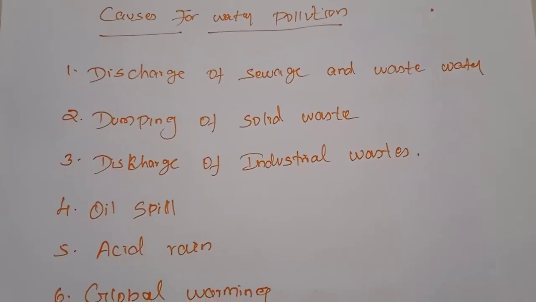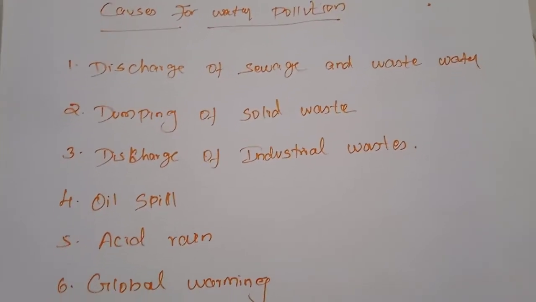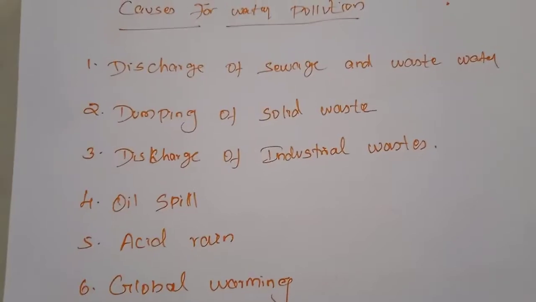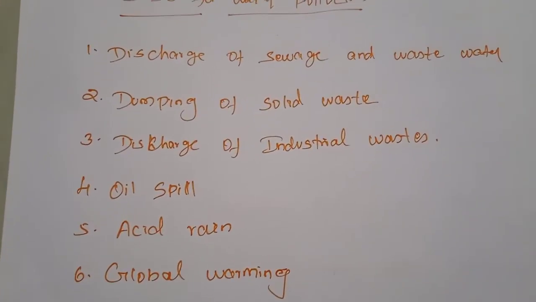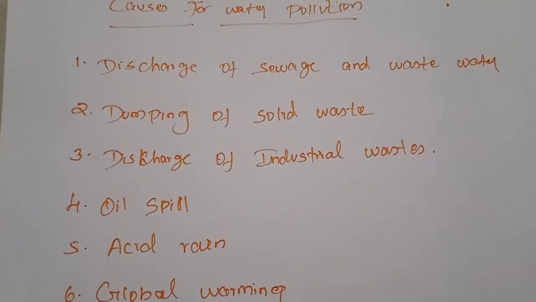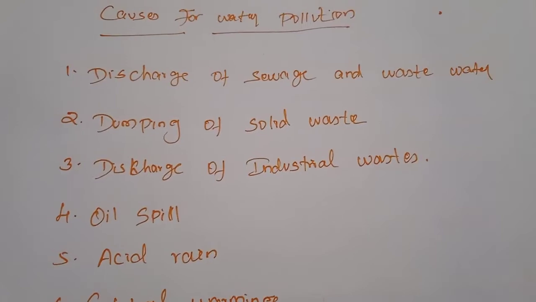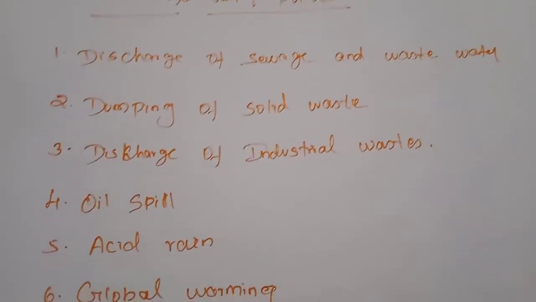This is also one of the reasons for polluting the water. In our area we can easily see many individuals dumping solid waste in the river or nearby the river. So it is also one of the causes of water pollution.